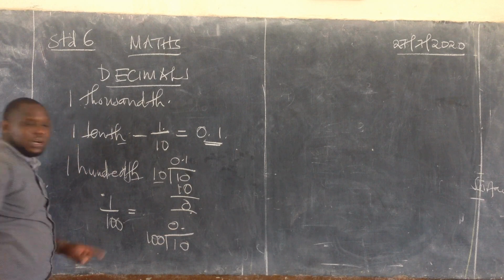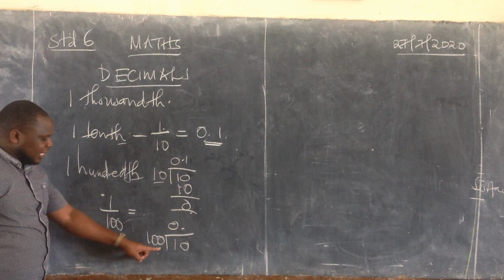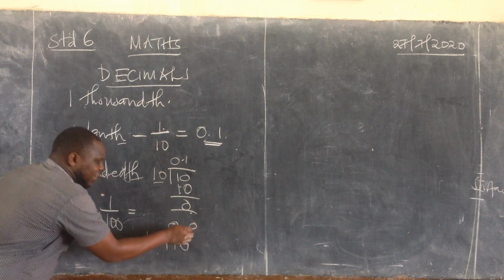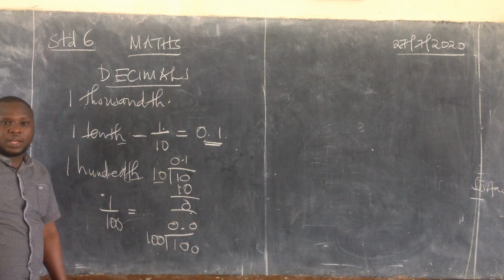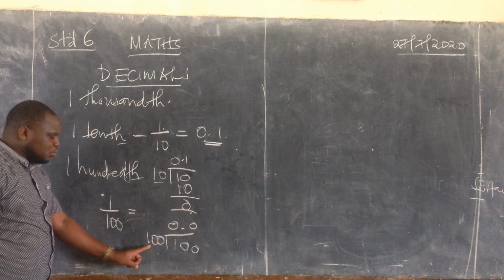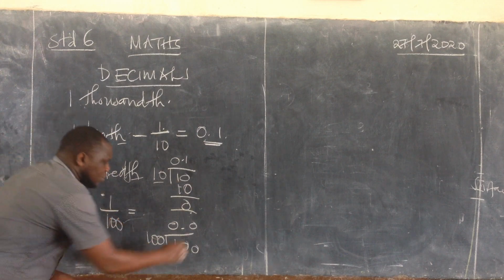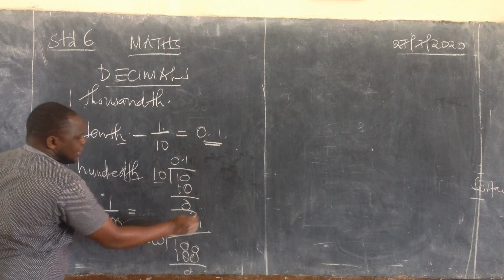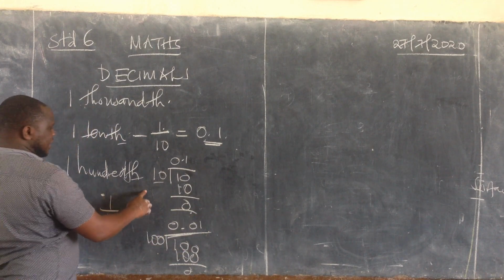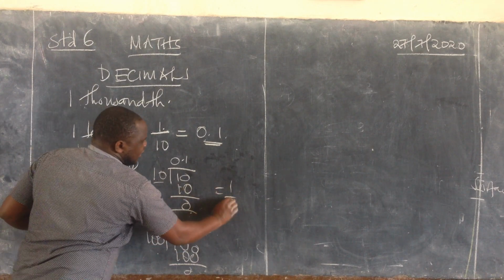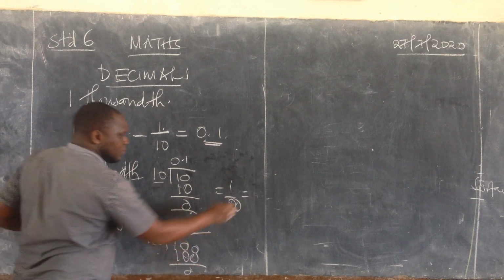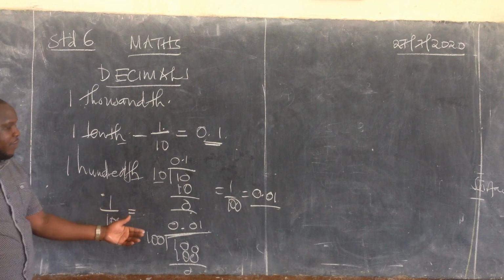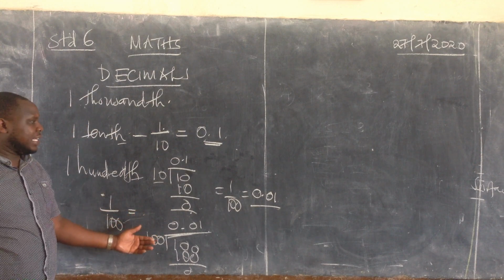You add a 0 there. How many times does 100 get into 10? It is not possible, so you put a 0 there. Then how many times does 100 get into 100? One time. So the answer is 1/100, which is simply 0.01.